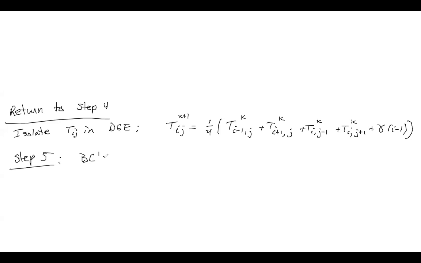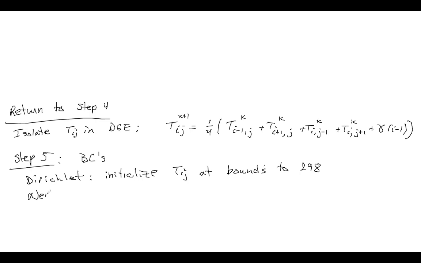Boundary conditions we'll see incorporated similarly, with the Dirichlet conditions. We're going to initialize Tij at the bounds to be equal to 298.